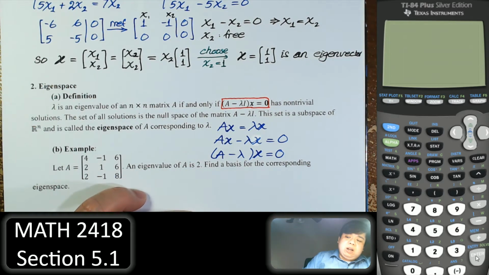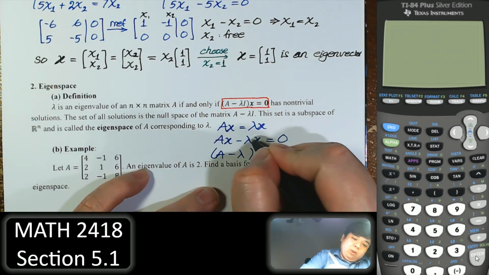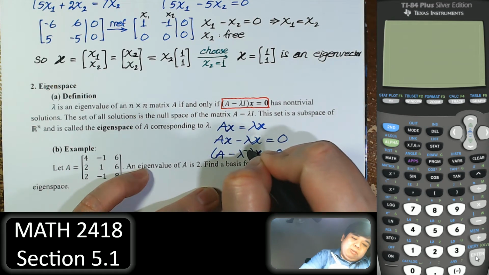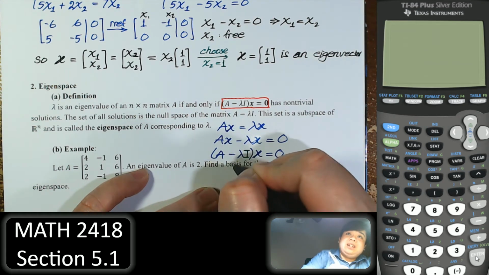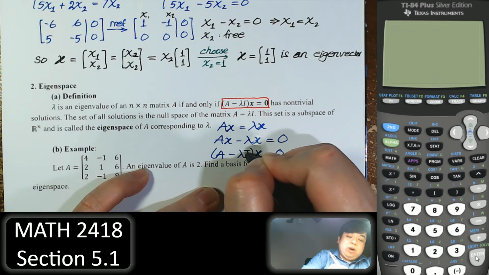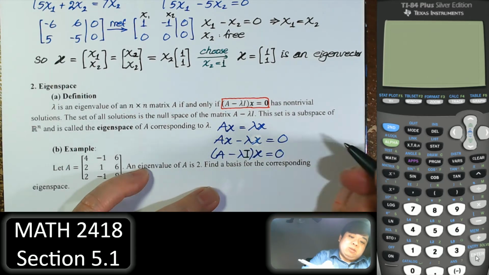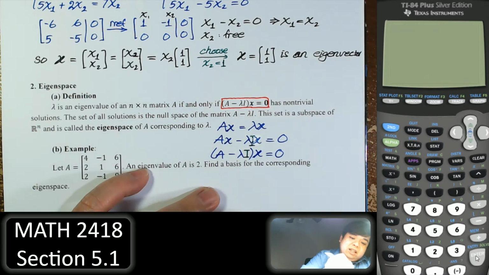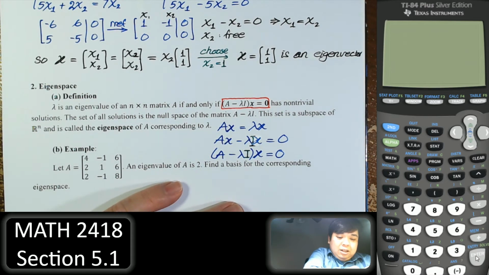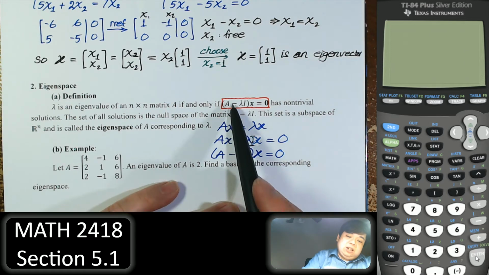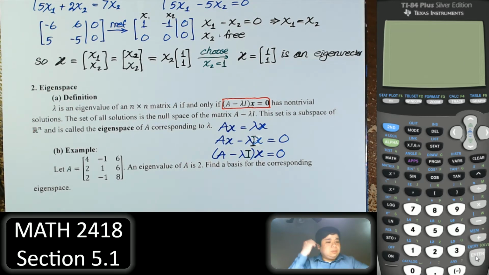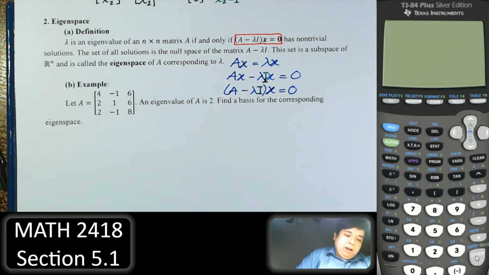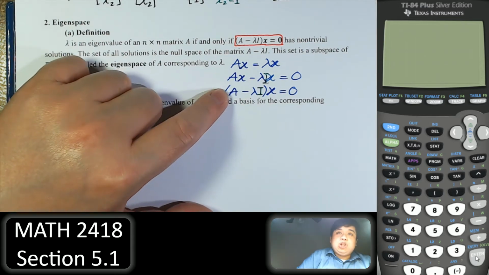So to make it work, when we factor out, we put the identity here. The identity matrix I has the same size as A, so we can subtract them. So we can always insert the identity matrix there, and this equation turns into that equation. So that is where we try to find the eigenspace. We're just going to solve for that.